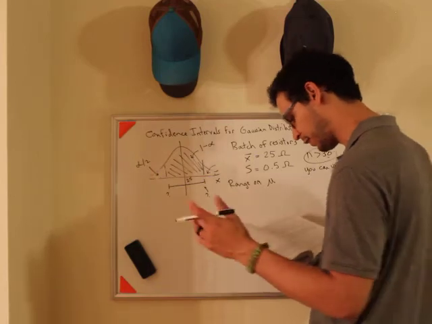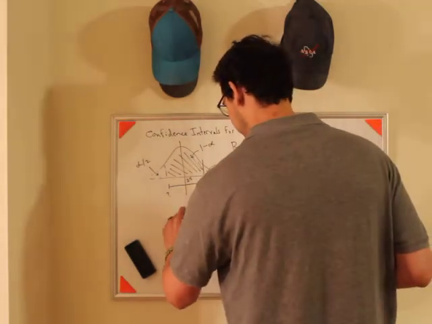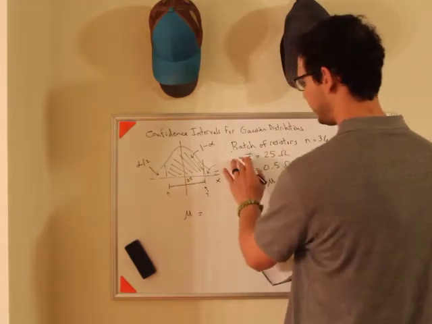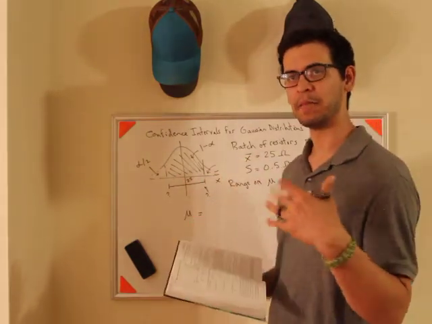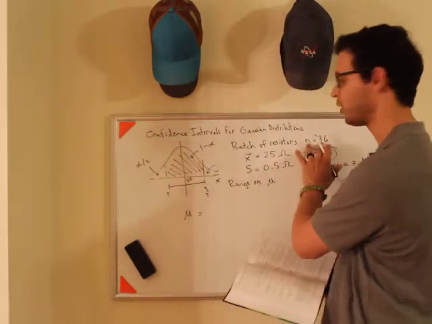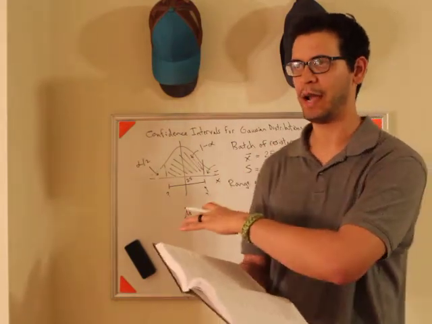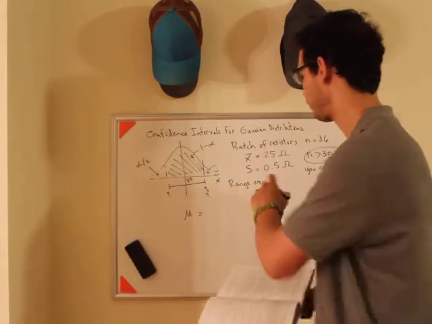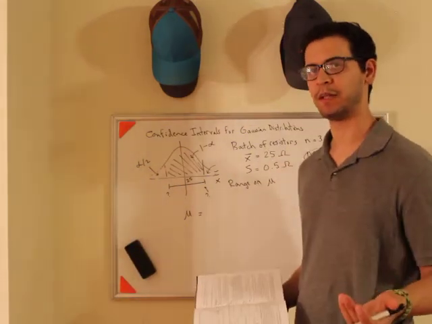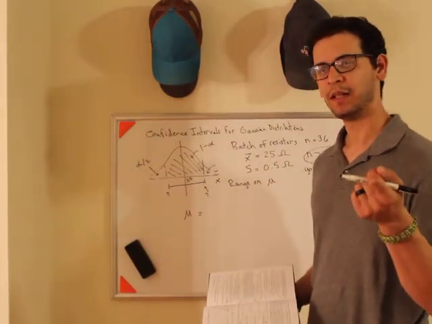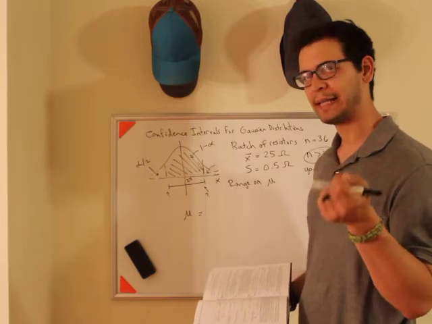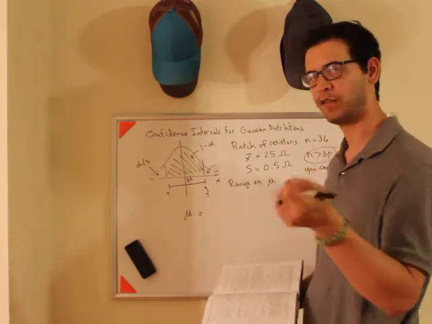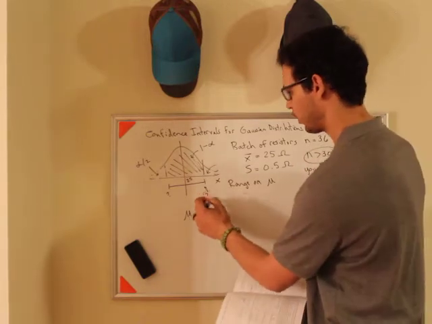And so basically what it says is, if my mu, this is the sample mean, what is the mean if I only took 36 samples? Imagine I took 3,000 samples. The mean would probably not be 25, it would probably be something different. But give me your 90% confidence that the mean will fall in between two numbers. And what are those two numbers?